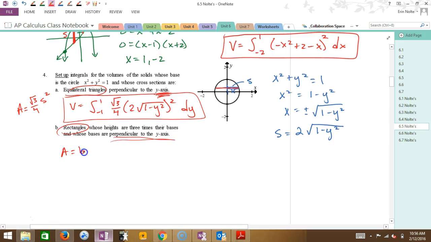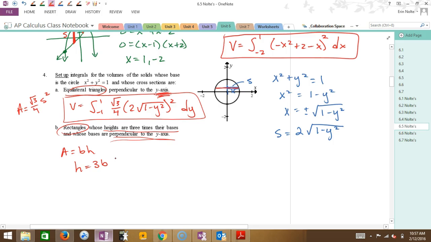Base times height. And we know that the base is our s from before, so our b is 2 square roots of 1 minus y squared. And then the height says the heights are 3 times the base. So the height is equal to 3 times the base.